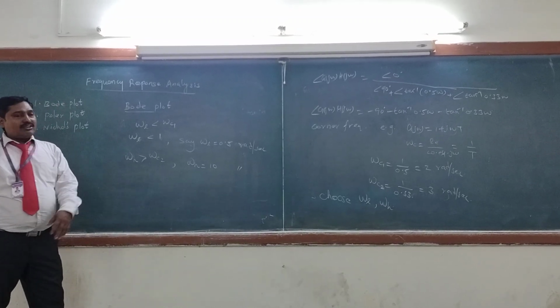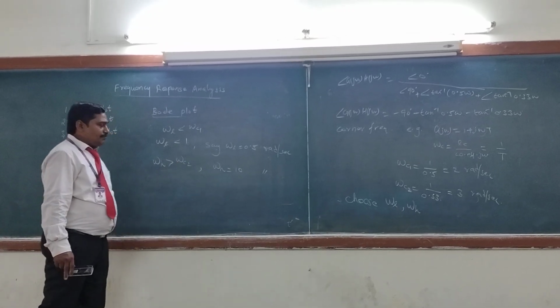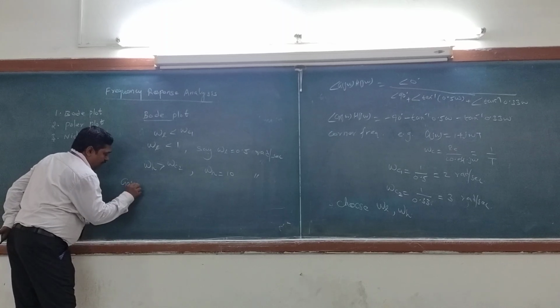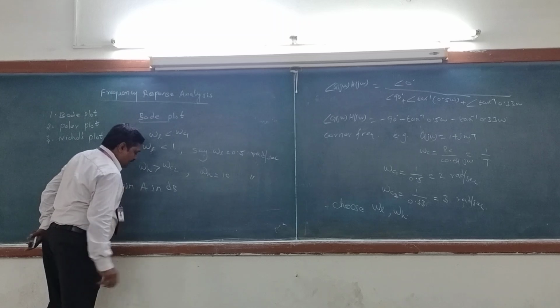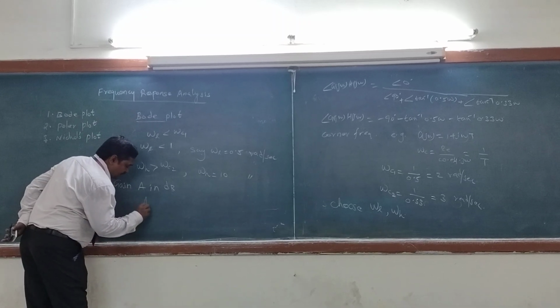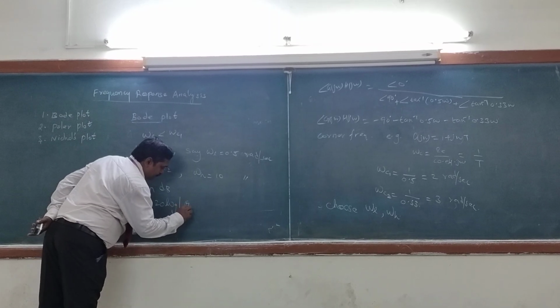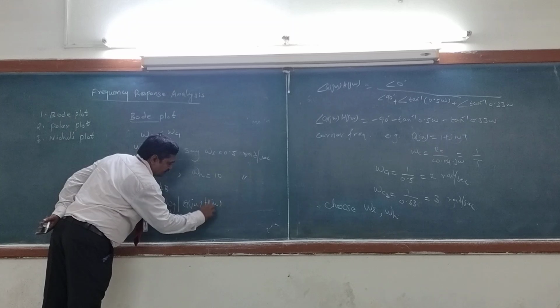Now using these corner frequencies, we have to calculate gain in decibels. Gain A in dB, we should express in decibels. So gain A is equal to 20 log modulus of G of j omega H of j omega.